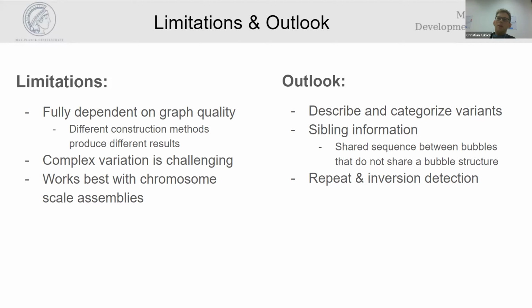And that's something that's biologically relevant, but it's hard to get this information from our output files. And this can't be represented in the strict parent-child model that we have. Therefore, we are introducing the sibling information where we are able to tell there is a subpart of this bubble that's also used in a certain other bubble. So the sequence is related, but not represented in a way that we would normally represent it.